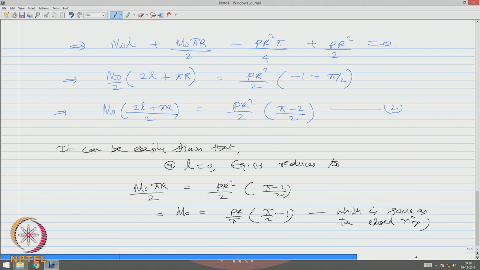L equals 0 indicates a closed ring. We get the same equation as we derived in the last lecture.